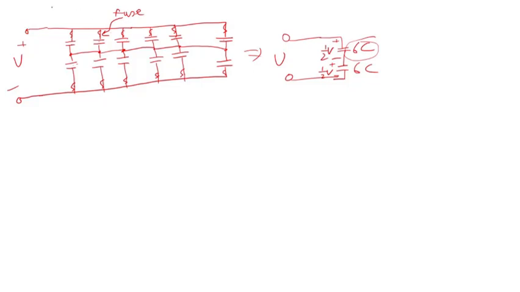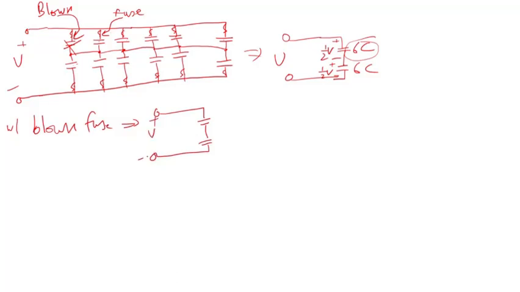Now let's assume this fuse was blown for whatever reason. So now this capacitor basically is gone. It's open circuited, so it does not exist. So with a blown fuse, the equivalent would look something like this.